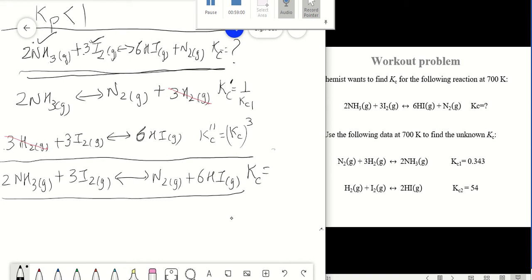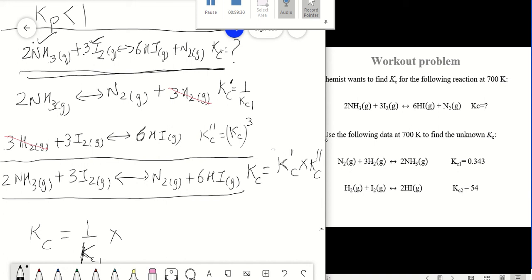Kc gets multiplied. Whenever you add two reactions to get to the overall reaction, Kc for the overall reaction is the multiplication of the previous two Kc values. So it's going to be Kc prime times Kc2 prime.